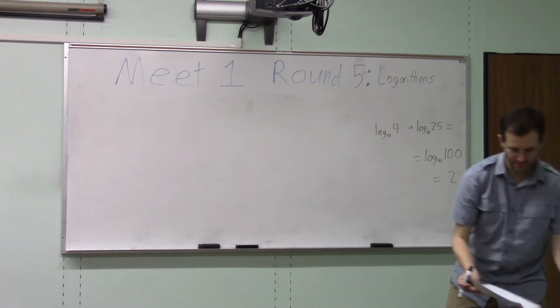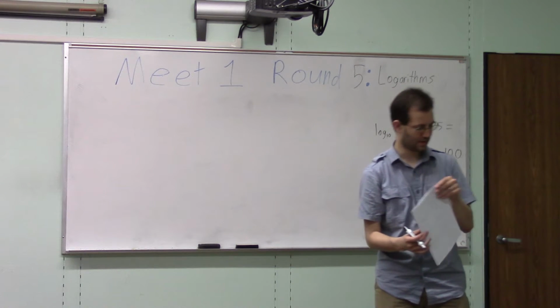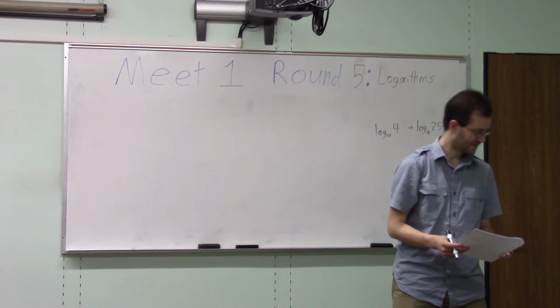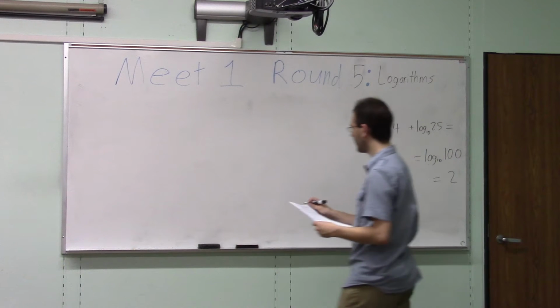Alright, I want to do one example from exponents, because there's also a question on exponents in here that we should look at. What did I say, 2014, number 3. Okay.